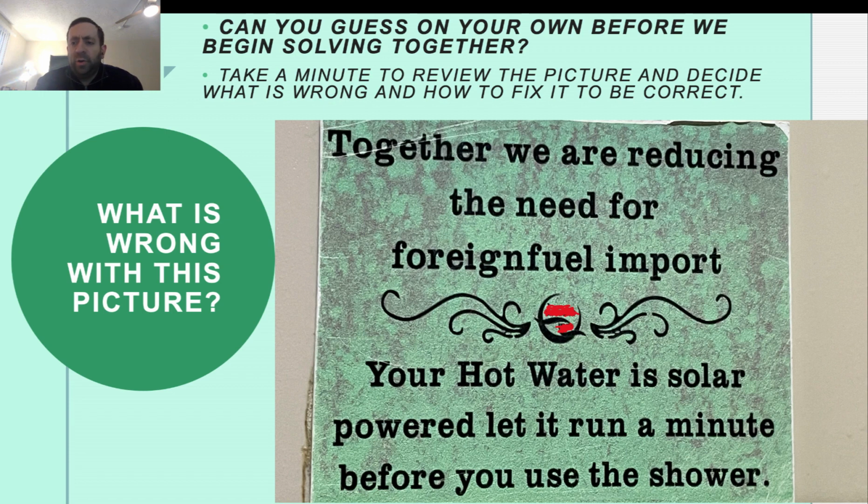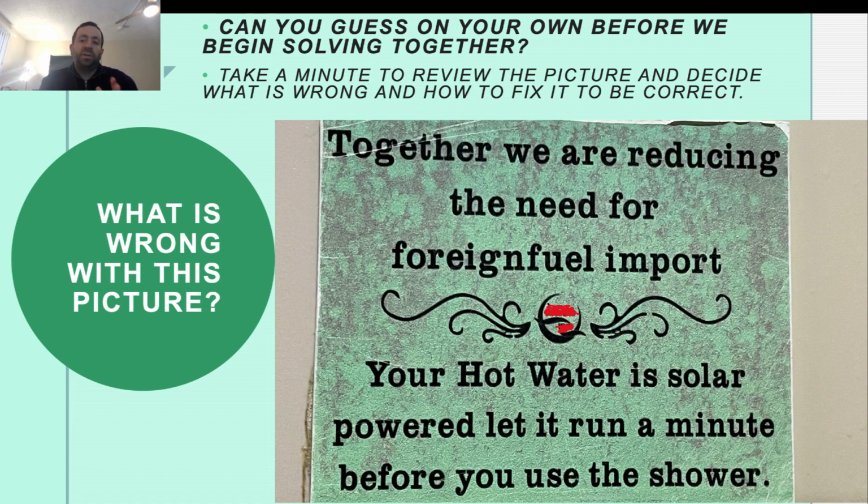So, can you guess on your own before we begin solving this particular picture together? There are a few English errors that we need to fix. So, take a minute, pause the video if you need to, take a minute to review the picture here and decide what is wrong with this hotel notice and how we can fix it to be correct. There are a few different errors here that I want to highlight, and I'll talk about them in the next slide.